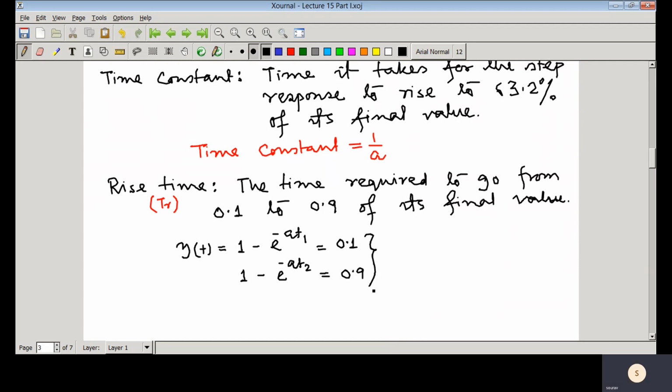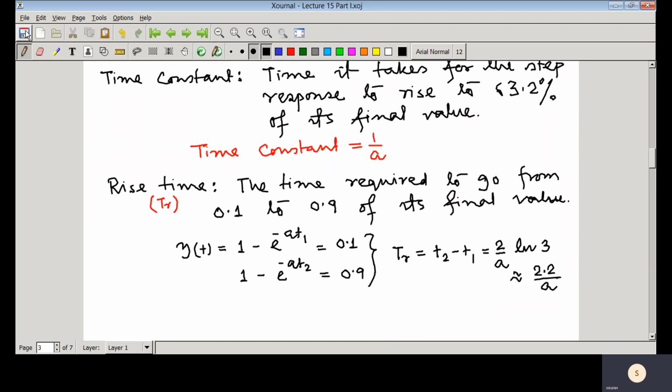So then, just by taking logarithm, we can find that TR, which is T2 minus T1, would be 2 by a ln 3, that is 2.2 by a.